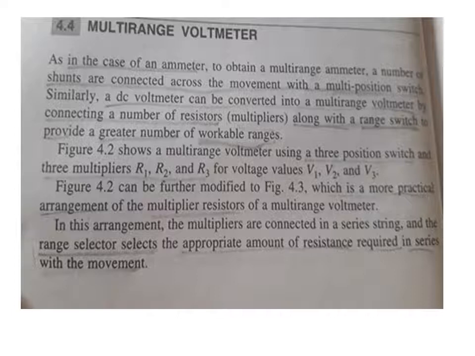The figure shows a multi-range voltmeter using a 3-position switch and 3 multipliers R1, R2, R3 for voltage values V1, V2 and V3. In this arrangement, multipliers are connected in a series string and the range selector selects the appropriate amount of resistance required in series with the movement.